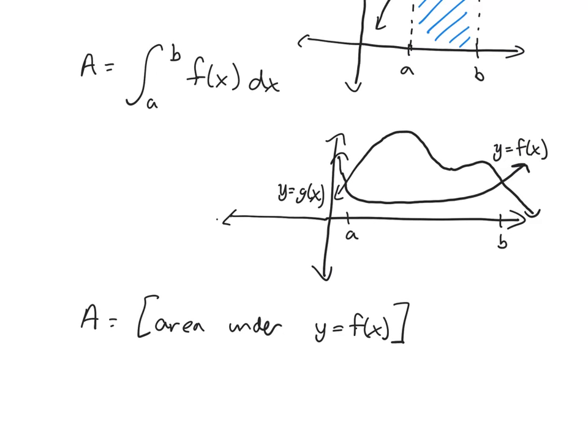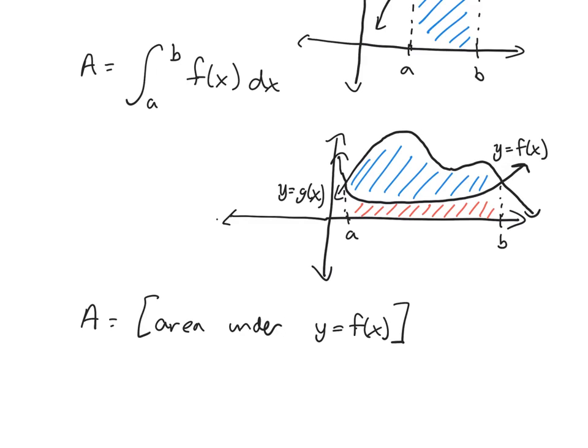But if I find the area under f of x from a to b, what have I done? I found this area, but remember I did a dotted line up. I've also found this red area too. And that's not what I wanted. I only wanted the blue area.